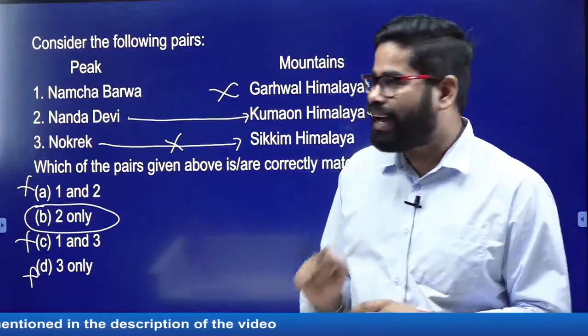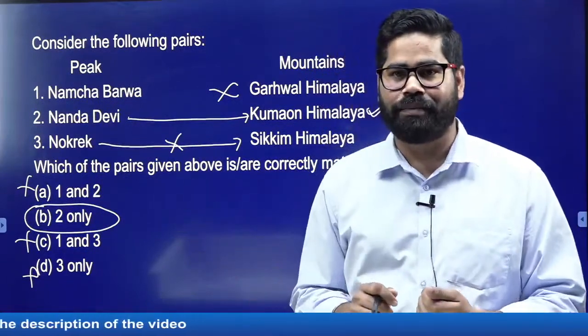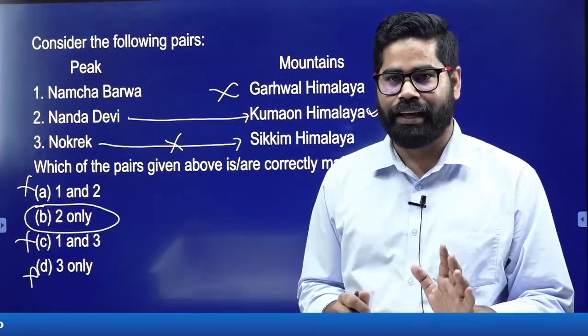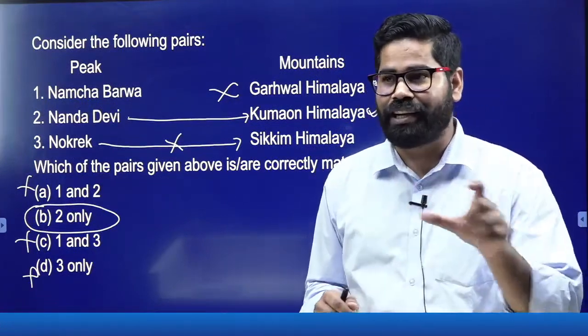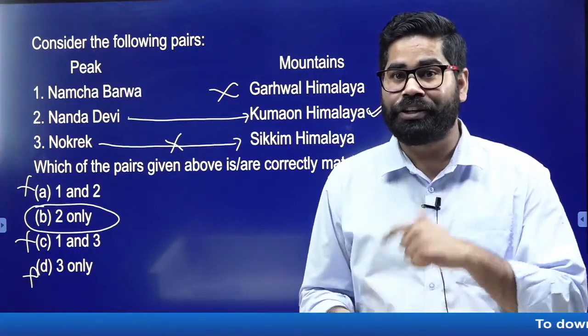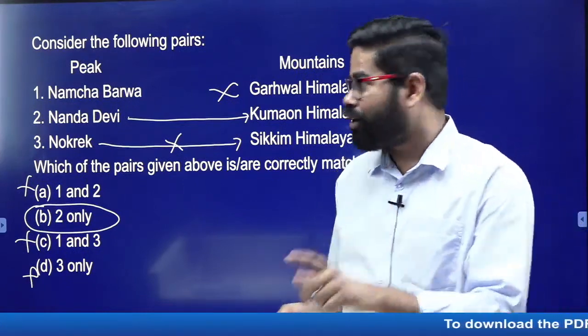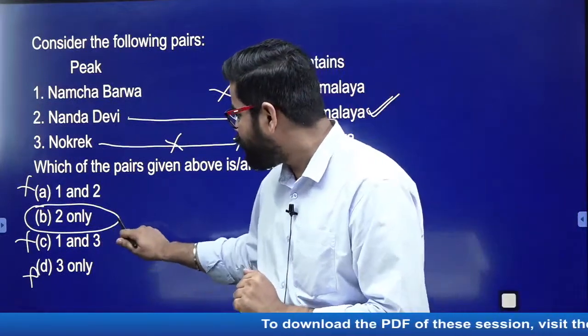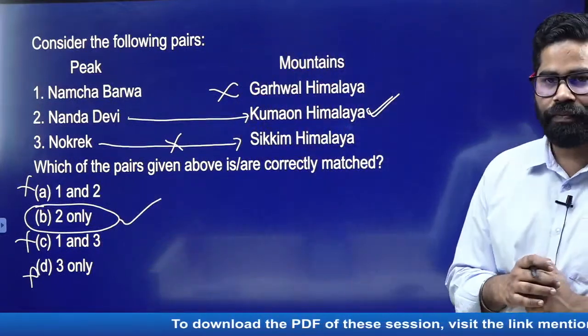So sometimes you have to know the content also; the elimination technique alone does not work many times. This is what I have been telling you in the last classes also: sometimes you need content plus skill to solve it. So the correct answer is B only, that is 2 only.